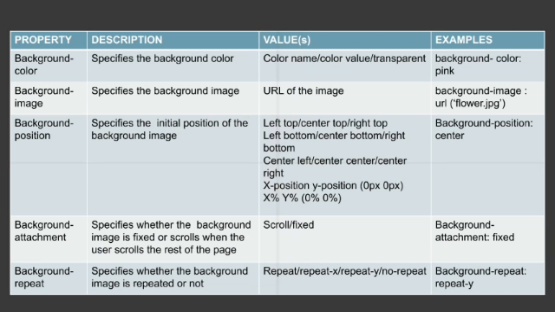In the given table, we have properties like background color, which specifies the background color of the web page. Its values are a color name or a color value. The next property is background image, which is used to insert an image file as a background, and the value that we enter is the URL of the image.